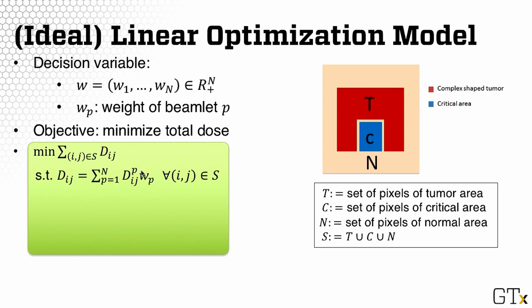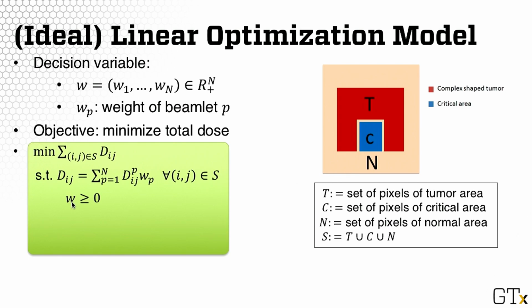Each beamlet has a unit amount of dose delivery from beamlet p to pixel ij, multiplied by how many units of dose we determine to use beamlet p to deliver. So this sum is D_ij. That's the accumulated dose received by pixel ij, and we want to calculate this for every pixel in this entire area.